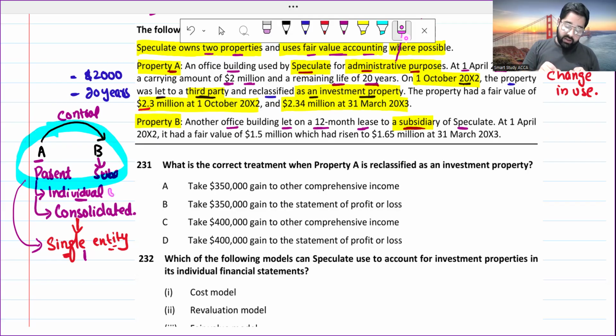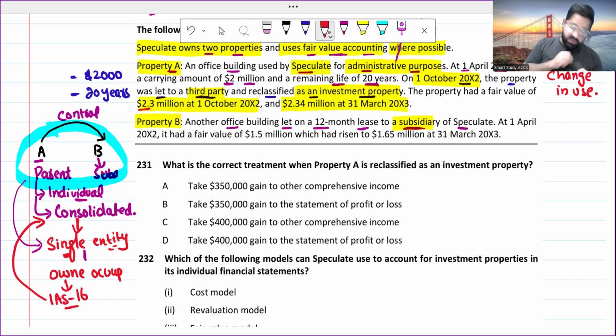They will show it as investment property in the individual financial statement, in the individual financial statement of A or B. But from the consolidated perspective, it will always be treated as owner-occupied property, and you will apply IAS 16 in the consolidated financial statement. Did you get this concept? If you have any question, you may ask now.